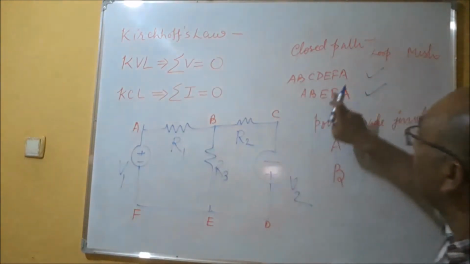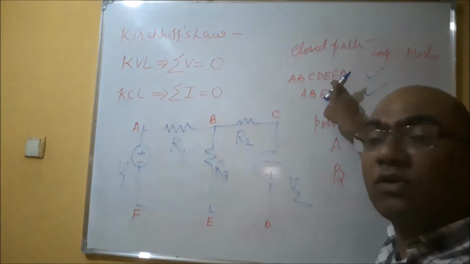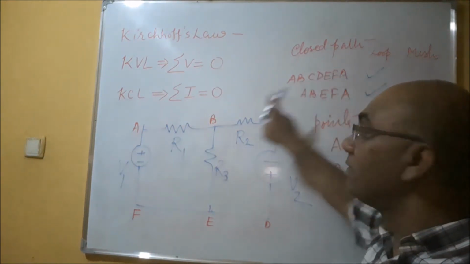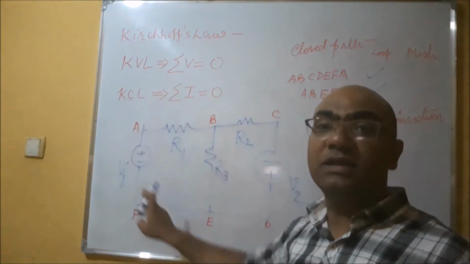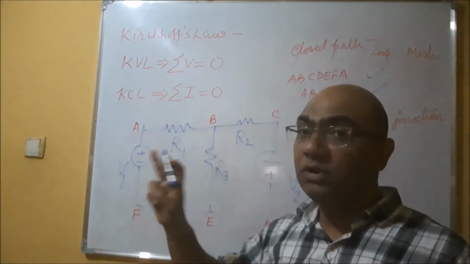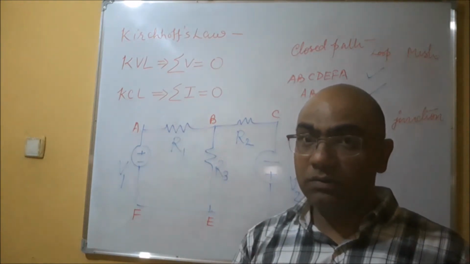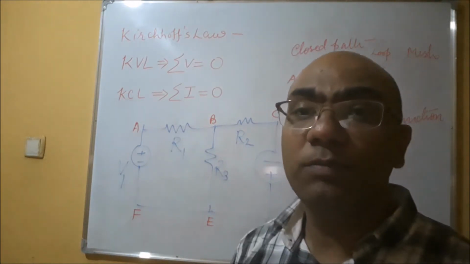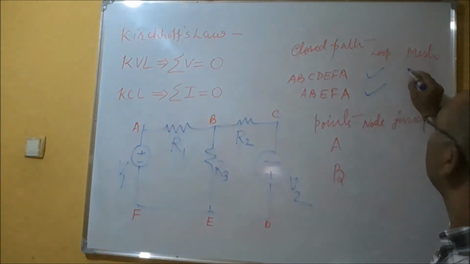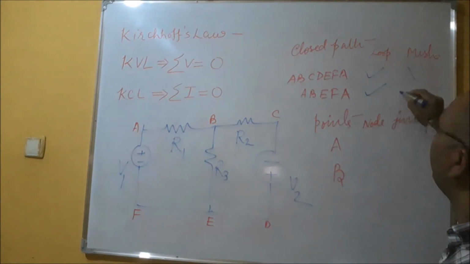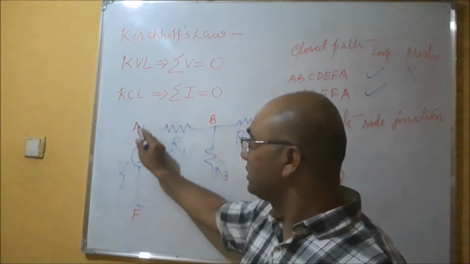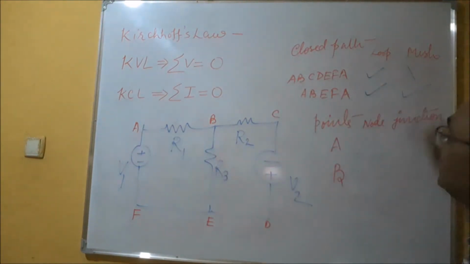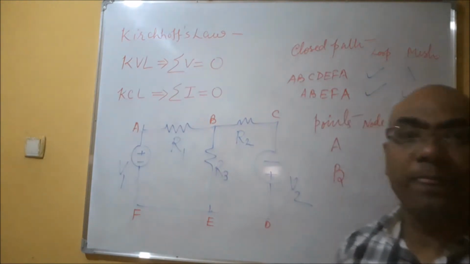But the big one cannot be a mesh, because when we take this closed path, inside it we have two closed paths. So it is not a mesh. But this one, the smaller closed path, is a mesh.